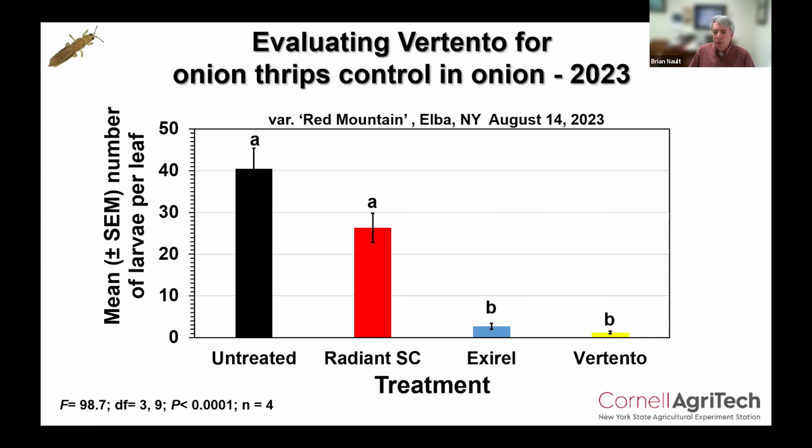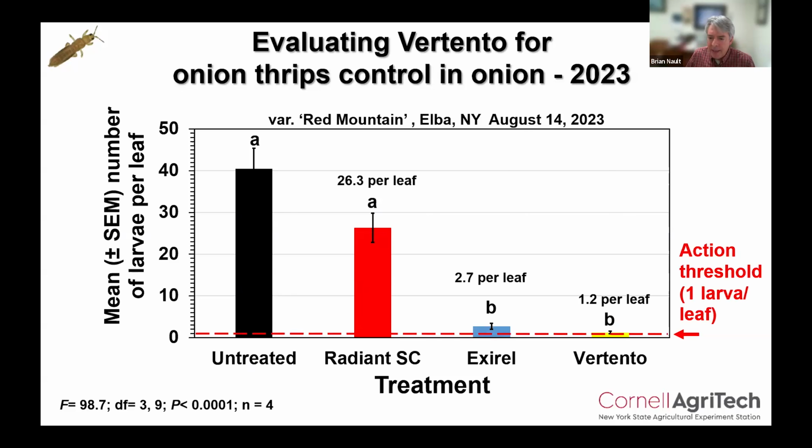And here are the results 1 week after that second application. On the y-axis, we had the mean number of larvae per leaf, and in the untreated control, over 40 larvae per leaf. Those plants were turning white. This is a really, really high infestation. Radiant failed to control this high population. Exirel and Vertento significantly reduced thrips compared to the untreated.